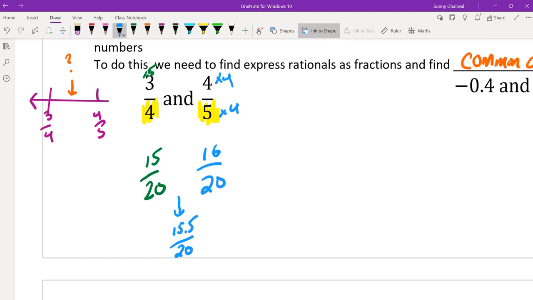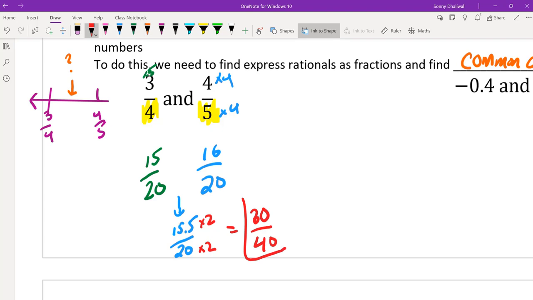Now, mathematically there's nothing wrong with 15.5, but it's not a proper fraction, right? You shouldn't have a decimal in your numerator. So we have to do a math trick to get rid of that decimal. If I just multiply the top and the bottom by 2 to make equivalent fractions, I can make the bottom 40, and the top 15.5 times 2 is 31.